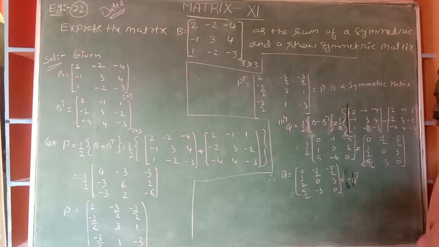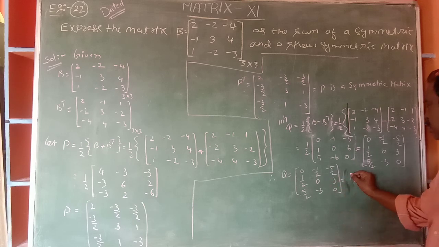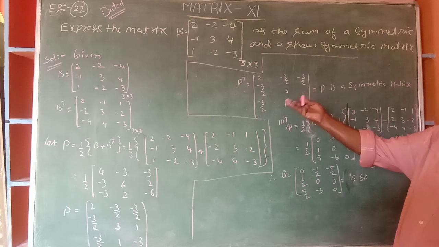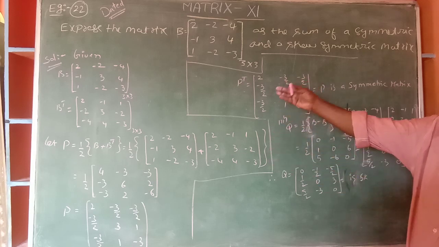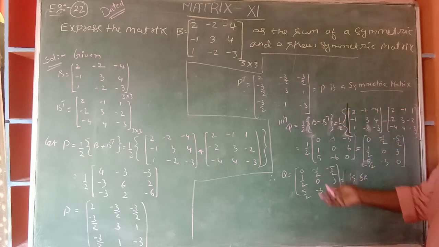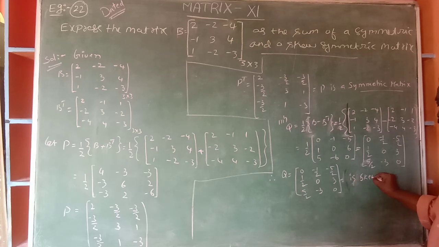We will get the Q transpose. Okay, leave it out. Otherwise, which is skew symmetric, it is not needed to prove like this. Here, in order to make you understand well, I found P transpose and it is P, so it is symmetric. But it is not needed, simply you do. So it is skew symmetric.